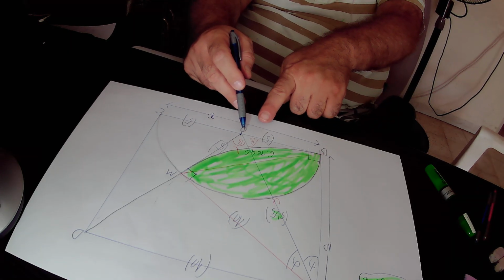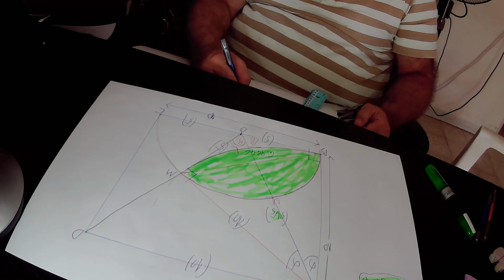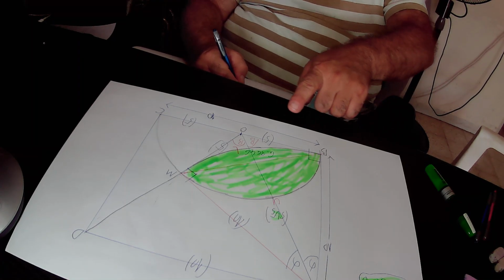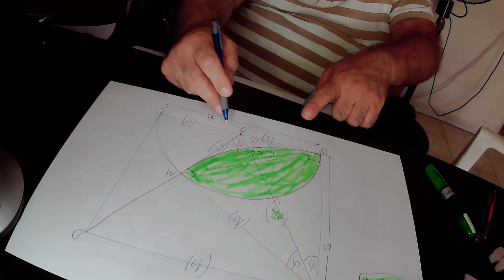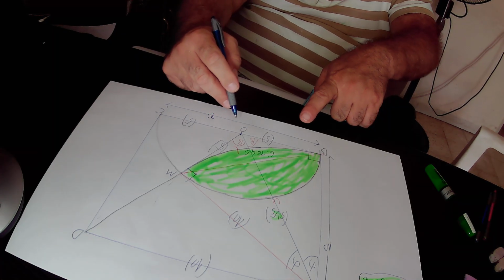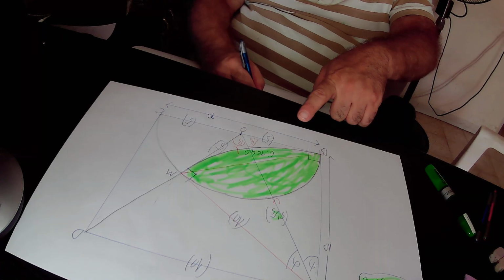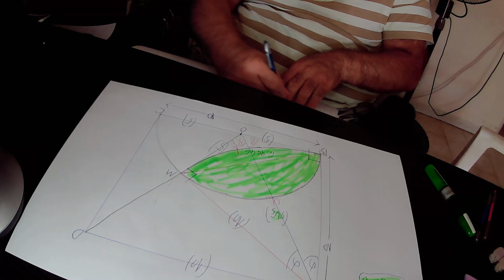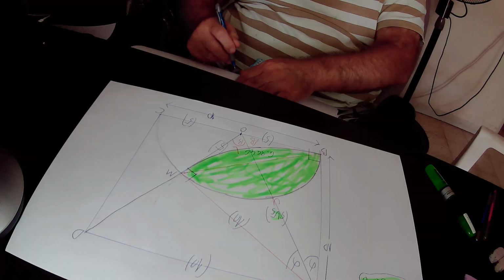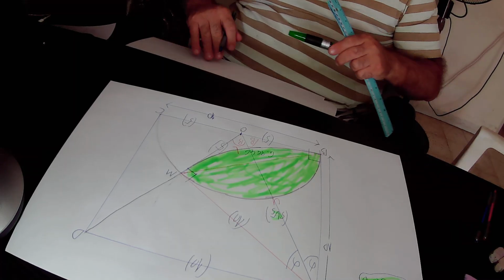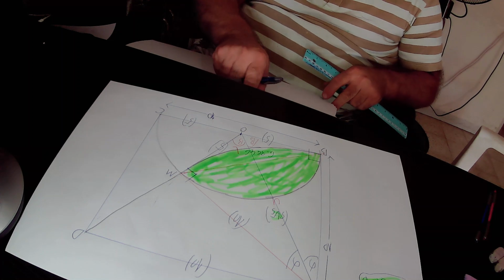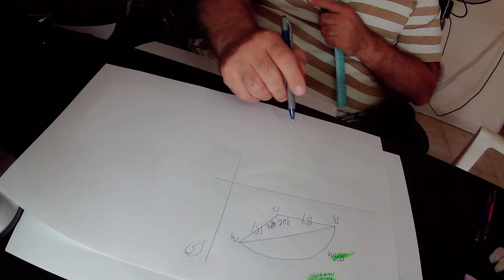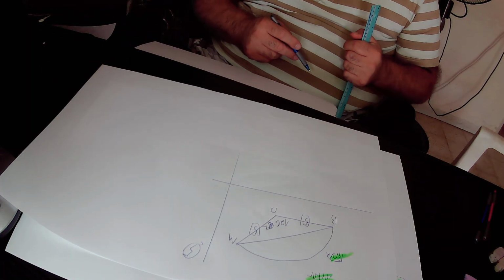This is 126.87 degrees in size. The two legs OB and OM of sector OBM are the radii of the semicircle, equal to 5.